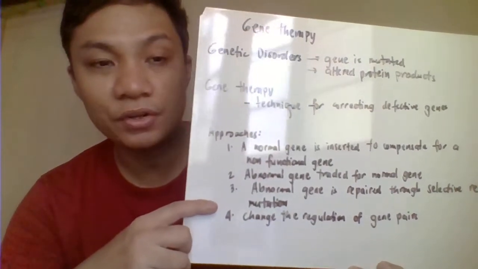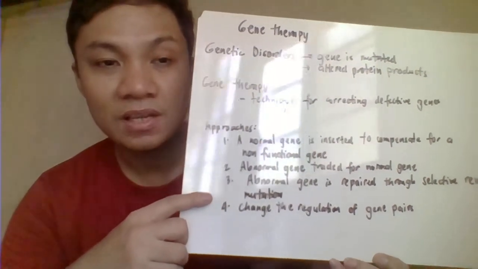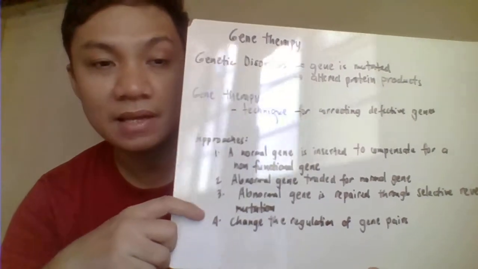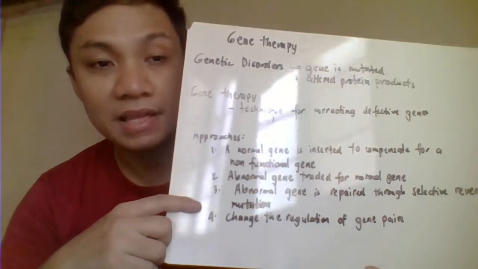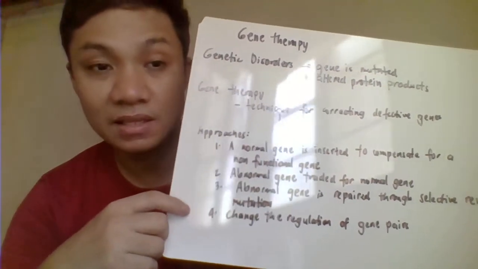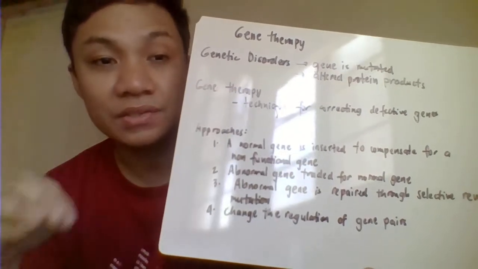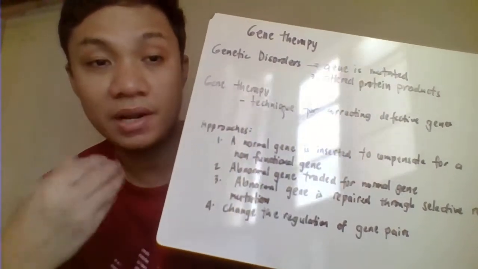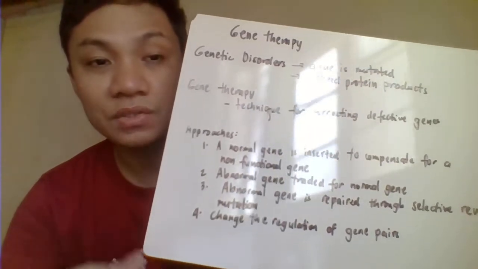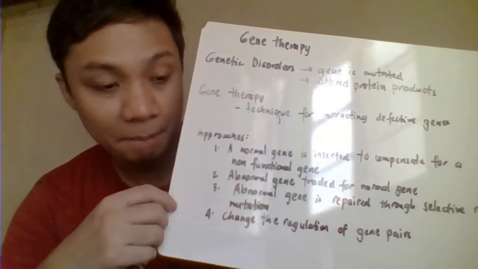Third one, you could also repair that by selective reverse mutation. Selective, why selective? Because you are only correcting what is being affected in the gene. So you will not be reversing the entire gene makeup of the person, but rather just correcting only the affected gene in particular that has been mutated or has become a problem.